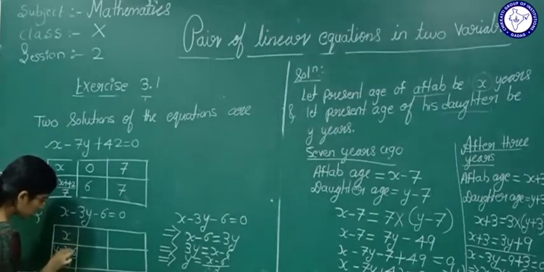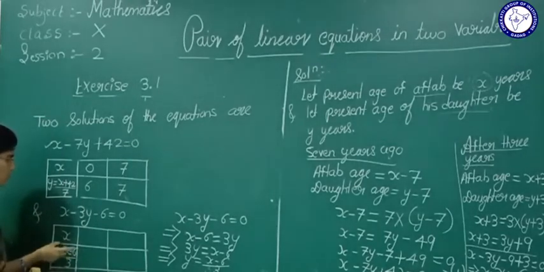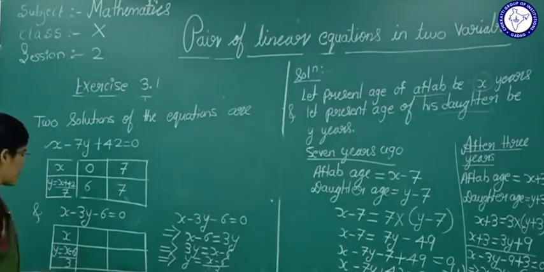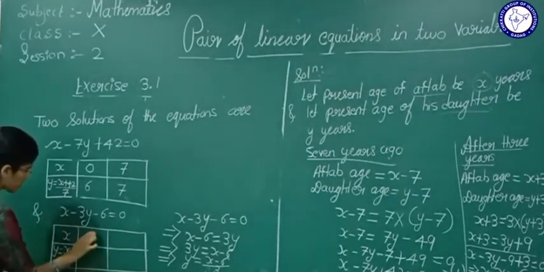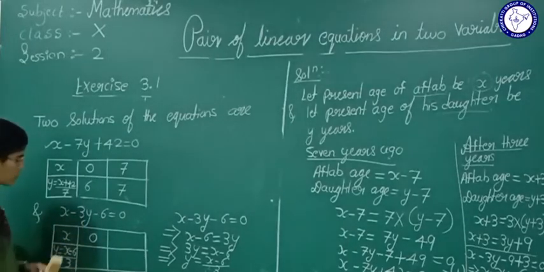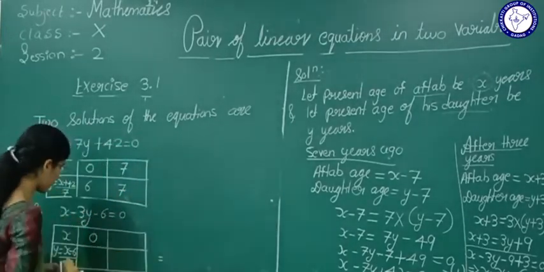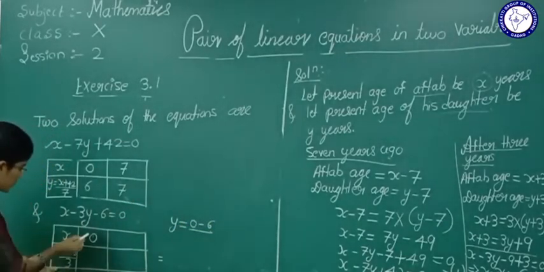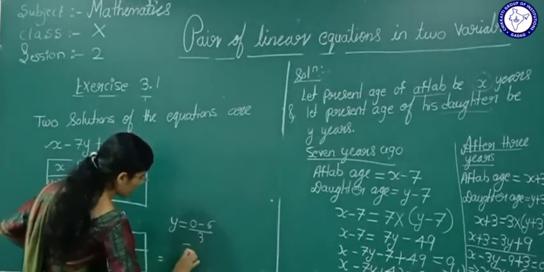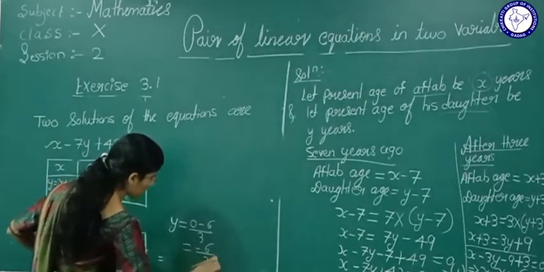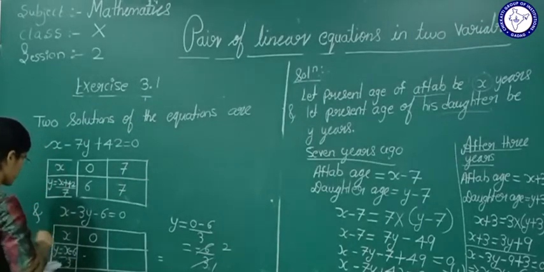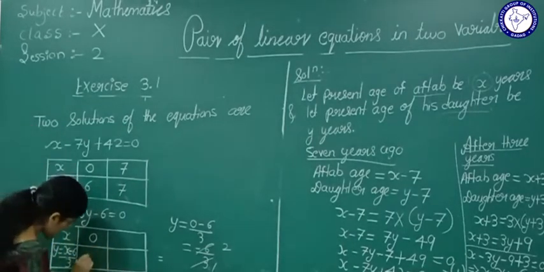See students, it is not necessary to write like this. You can substitute here only. If you do like this, you will get the answer very easily. If I put x value 0, what is the value of y? Substitute 0 in place of x: 0 minus 6 divided by 3, minus 6 divided by 3, 3 twos are 6, so it is minus 2.